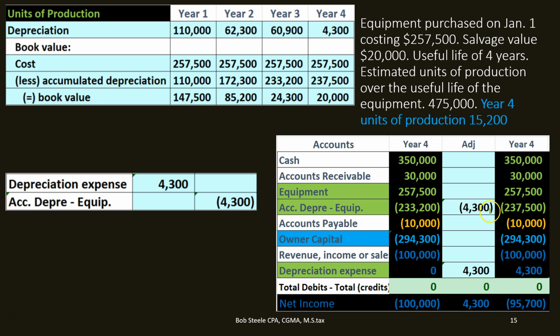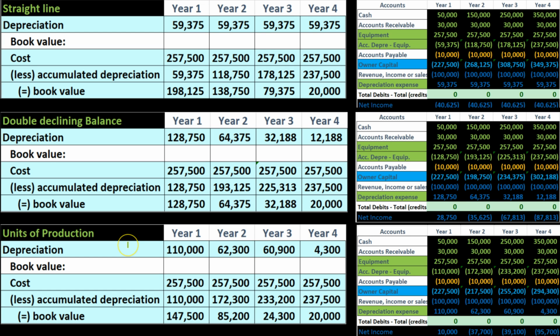We can't have a credit in this account larger than the cost that we bought the machine for. So the idea is that we are allocating the cost over the useful life. If we allocate it incorrectly, then it's not the cost that was wrong, it's the allocation of the useful life that was wrong.